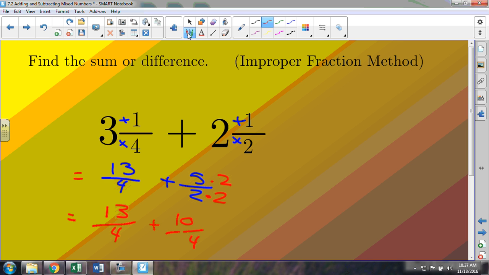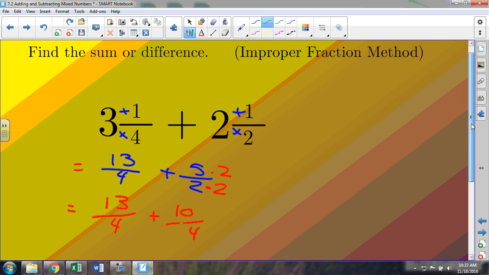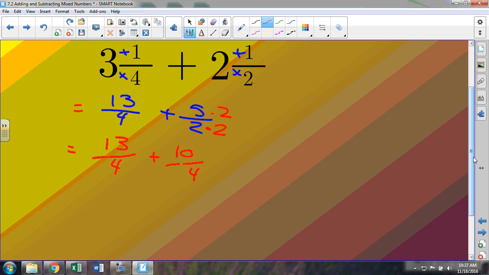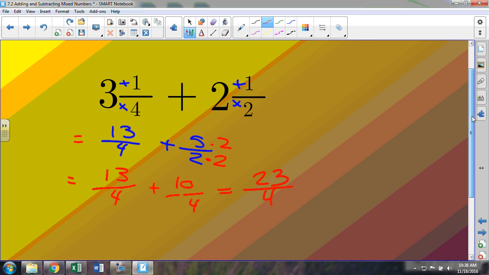I don't know why I wrote 14 there. Okay, continuing that, 13 plus 10 gives you 23. So 23 over 4. Take that off, do our division. 4 will fit inside 23 5 times with a remainder of 3.